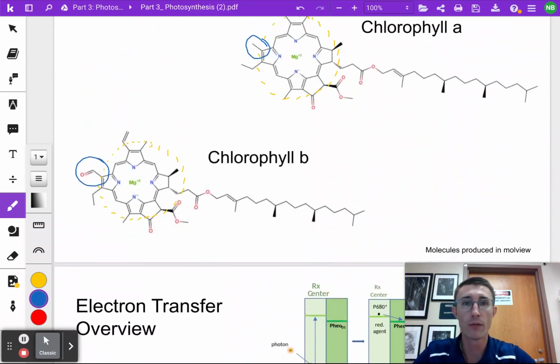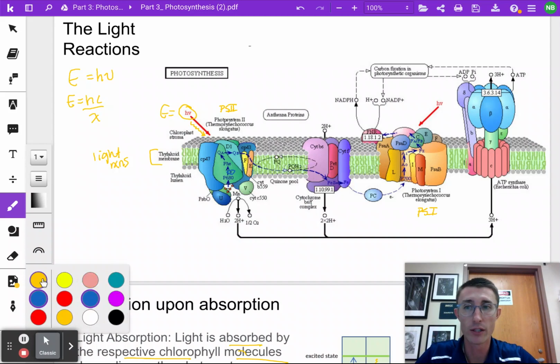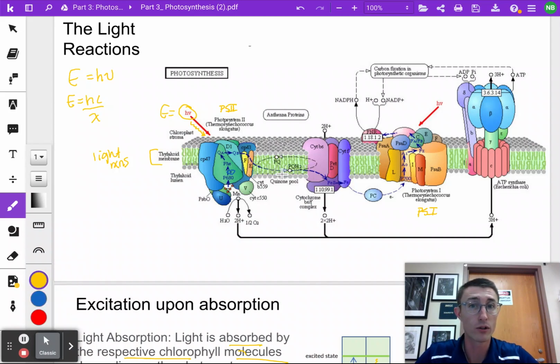If we go back to this overview schematic, we see that this electron is excited. It can be transferred to the reaction center, then move to the pheophytin, and start to move through these transmembrane proteins, to the cytochrome b6f complex, and to photosystem 1. We can follow its trajectory through these transmembrane proteins, through these different quinone molecules, and on through the cytochrome complex and into the next photosystem.